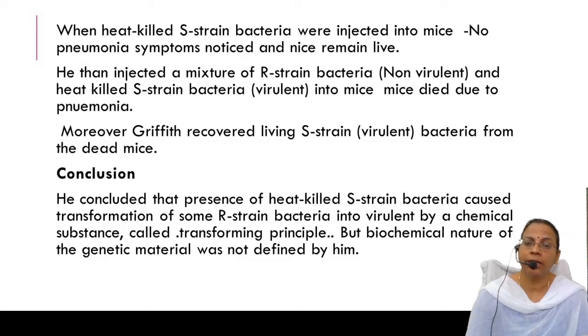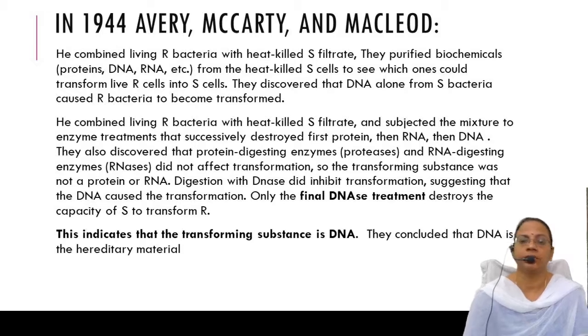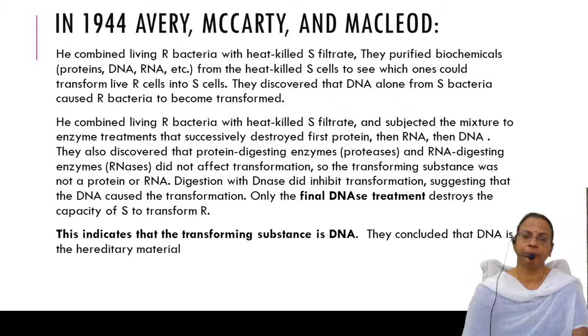But he couldn't prove that experimentally. Later, in 1944, three scientists, Oswald Avery, Colin MacLeod, and McCarty, were able to give experimental proof for the transforming principle. And they concluded that the transformation is caused by the DNA present in the cell.